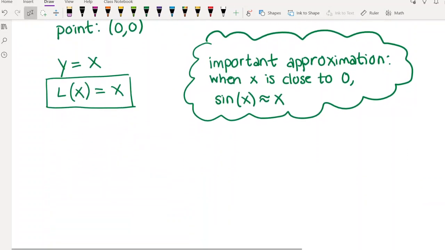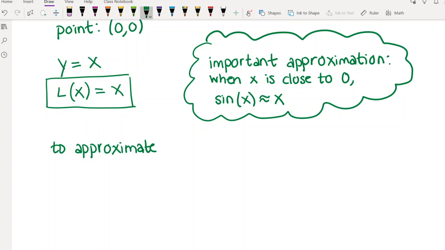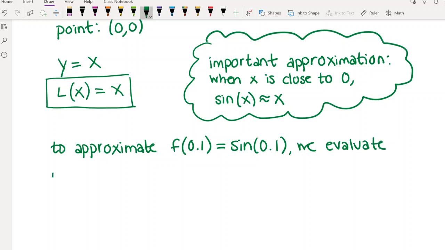Okay, so let's actually do this approximation. To approximate f of 0.1, so that would be sine of 0.1, instead of evaluating that, we do L of 0.1.